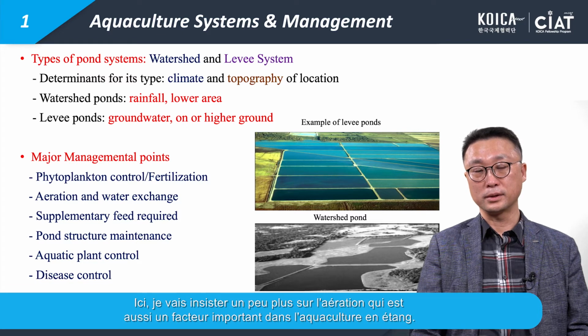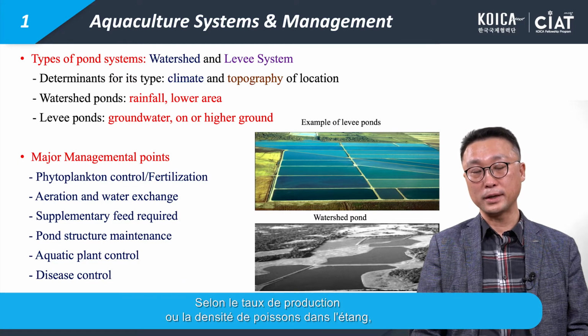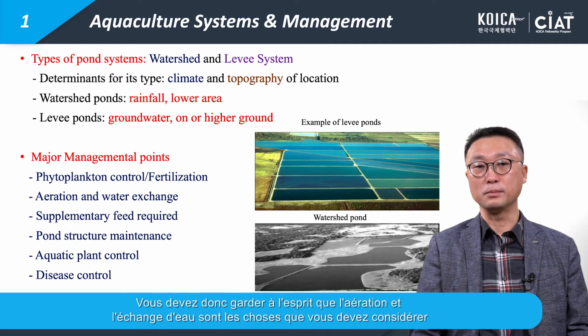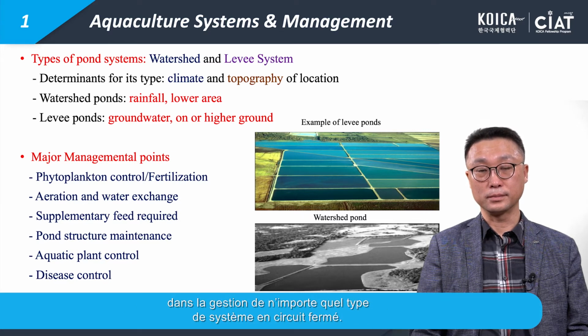But here I want to stress a little bit more about aeration, which is quite important in pond production. Also, depending on the production rate or the stocking density in the pond, water exchange will be an important factor. So you will have to keep in mind that aeration and water exchange are things you have to consider all the time when managing any type of pond system.